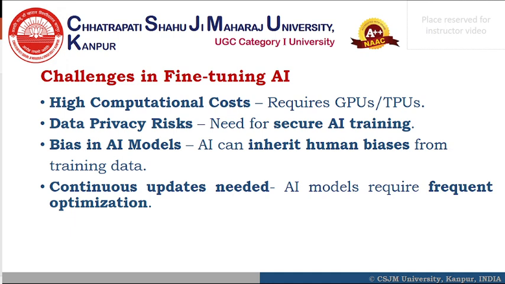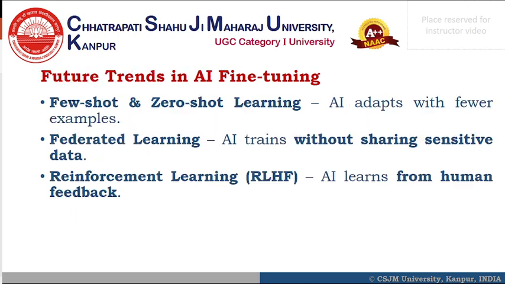Fourth, you can consider continuous updates and maintenance are also a big challenge. Now in coming slide we will discuss future trends in AI fine tuning that address many of these challenges.